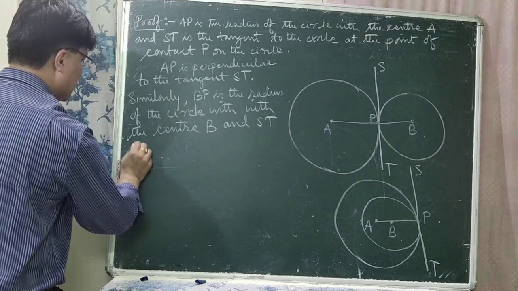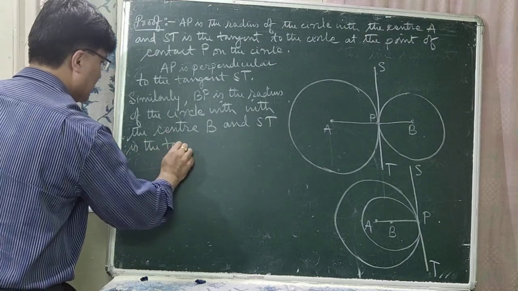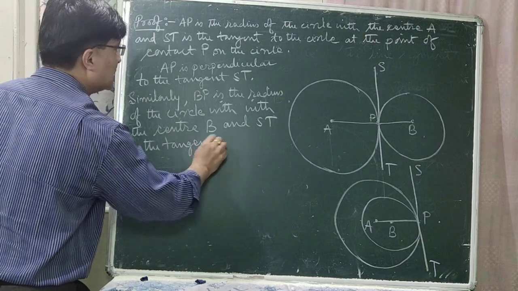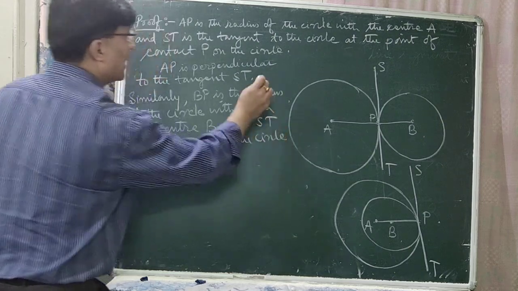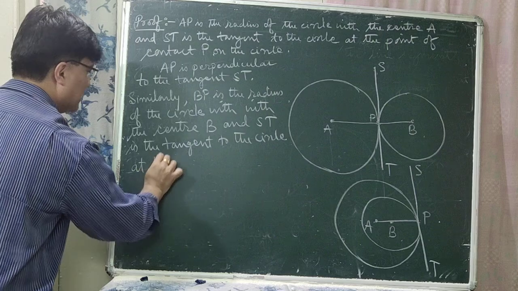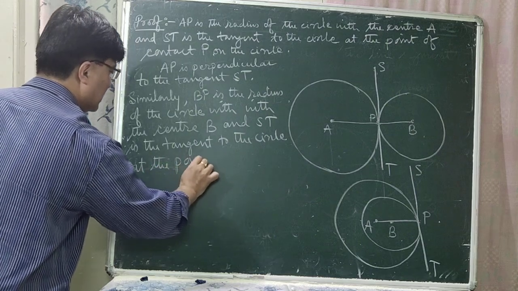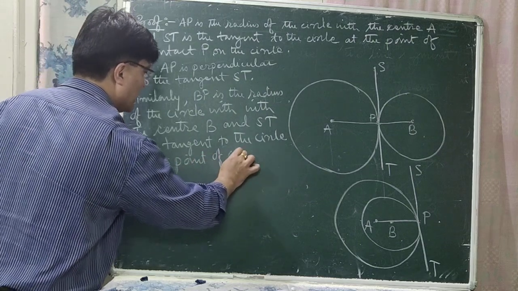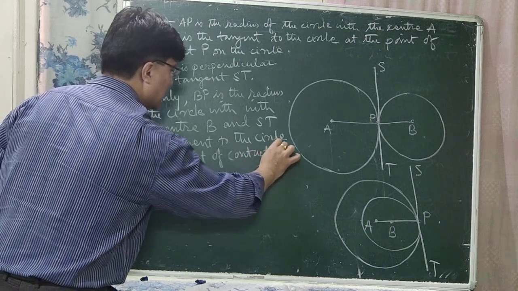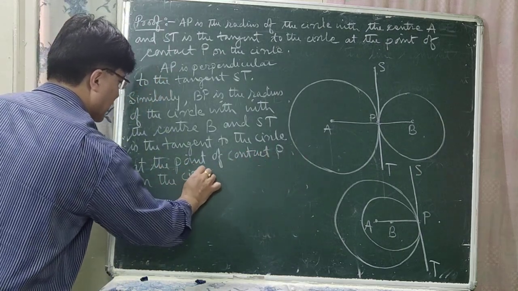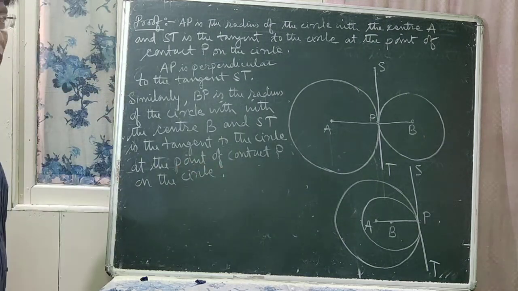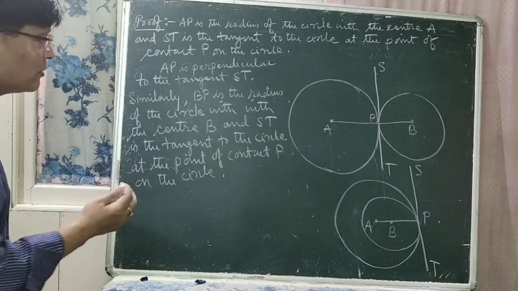ST is the tangent to the circle at the point of contact P on the circle. That means what can you write?